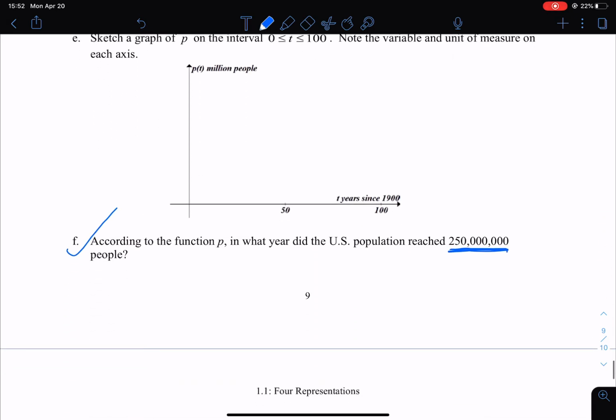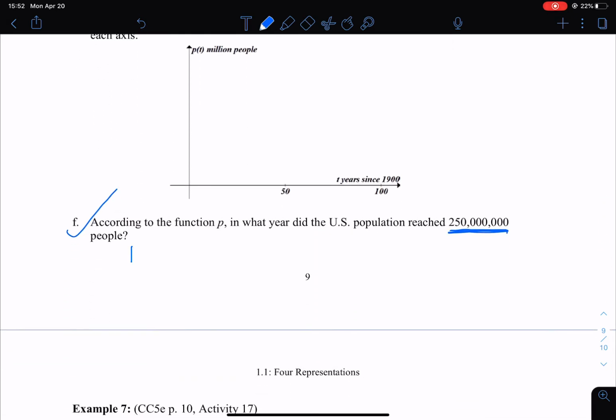So for this one, example 5, we have to solve for P of T according to the function P. P of T is 250. You have to use 250 instead of 250 million people, because the input unit is just a million people. Then solve for this one.